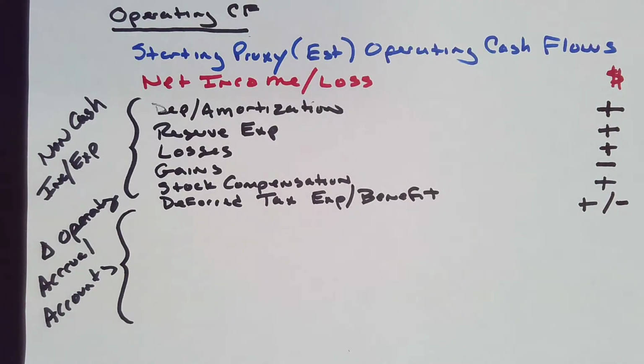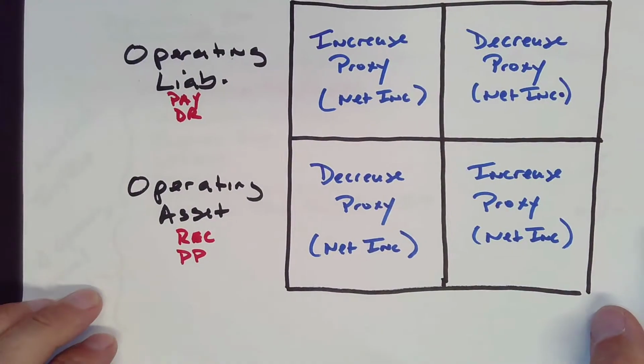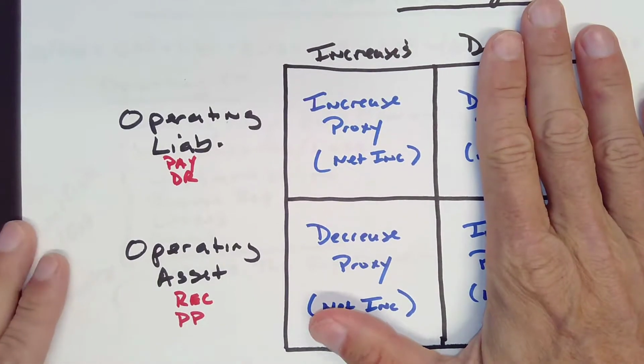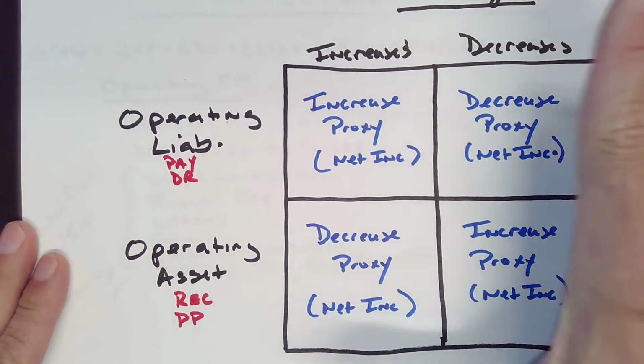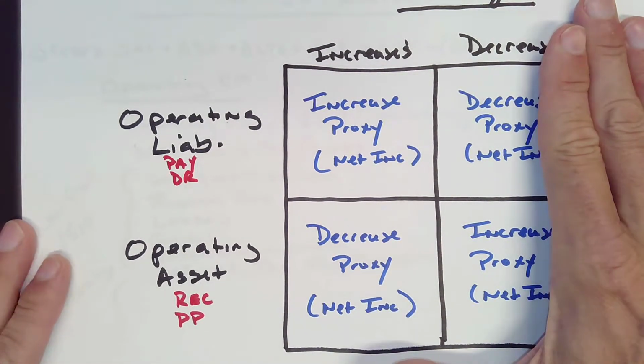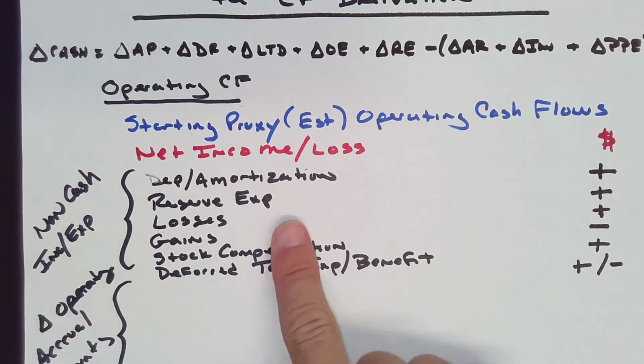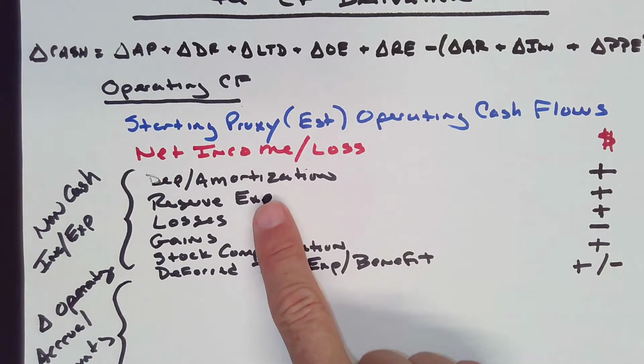Now we want to bring out our little 2x2 again. Right? And really we're just going to be following this little 2x2. This is what we look at. After we've pulled out any of the non-cash items, like in accounts receivable net, we need to pull out depreciation expense.